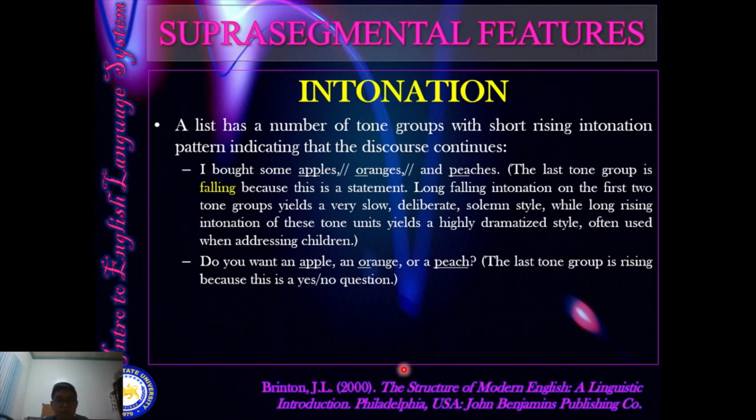Apples, oranges, peaches, right? It's very different in how you pronounce it with regard to tone or intonation. Long rising intonation of these tone units yields a highly dramatized style, often used when addressing children. Do you want an apple, an orange, or a peach? Peach, right? The last tone group is rising because this is a yes or no question.